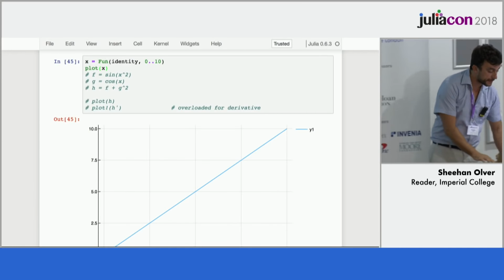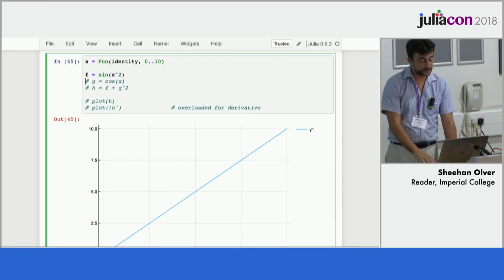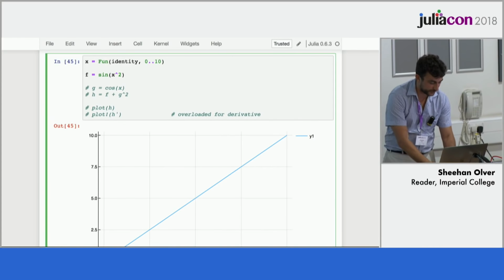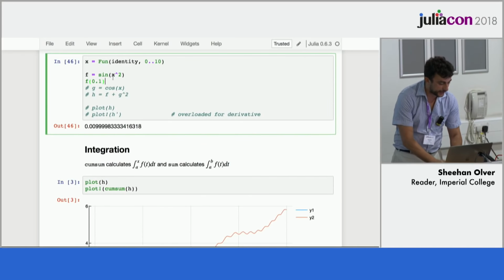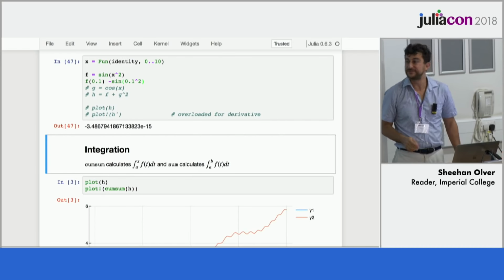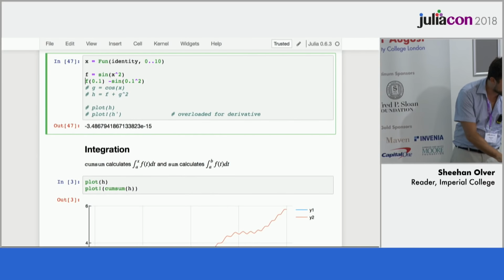So here I made a function, sine x squared. What does that mean? That means I can, for example, evaluate it at a point, and it's very close to being equal to sine x squared. It's not just storing the anonymous function, it's doing something more complicated than that, of course.